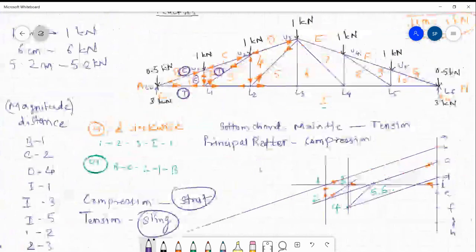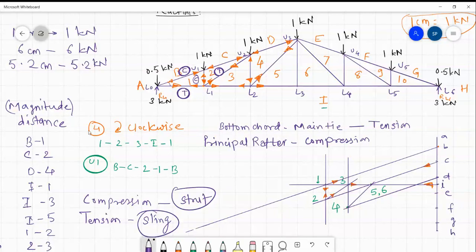To find the nature of forces, you select a particular joint, list down all the Bow's notations in clockwise manner for that joint, move that way in the vector diagram, and mark the same arrows in the truss. Arrows pushing the joint mean compression; arrows moving away from the joint mean tension.